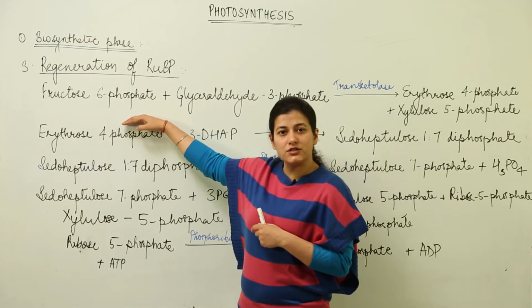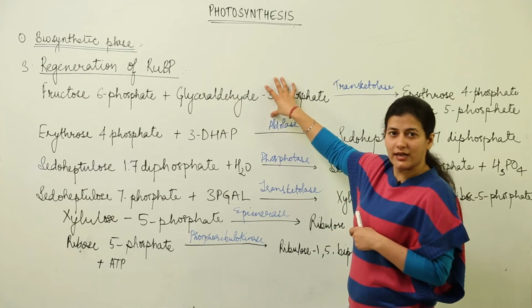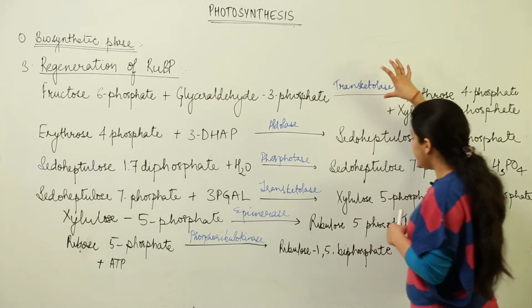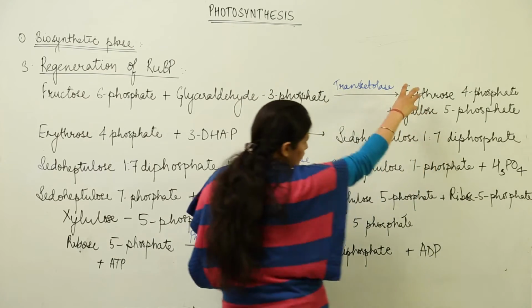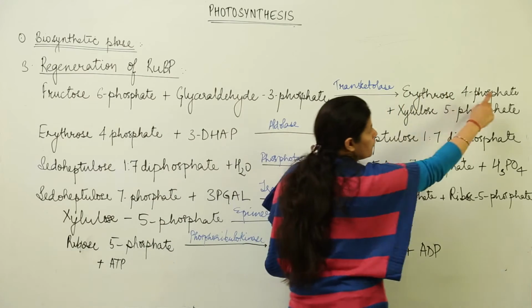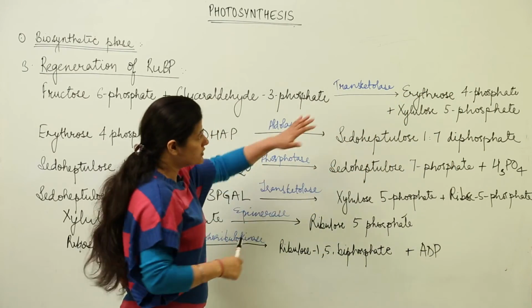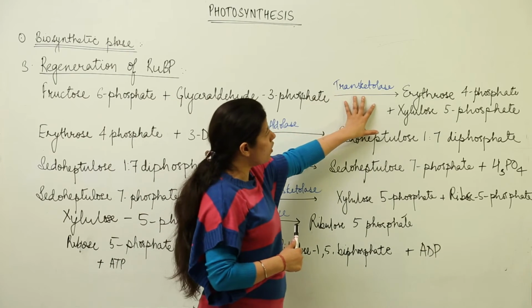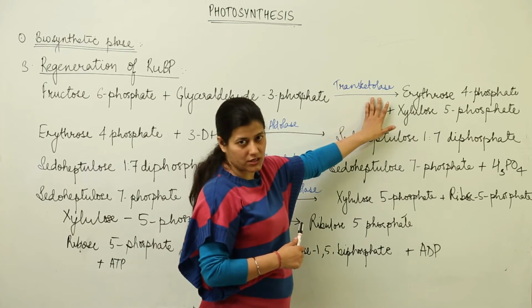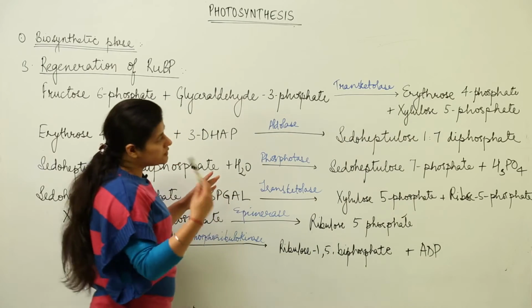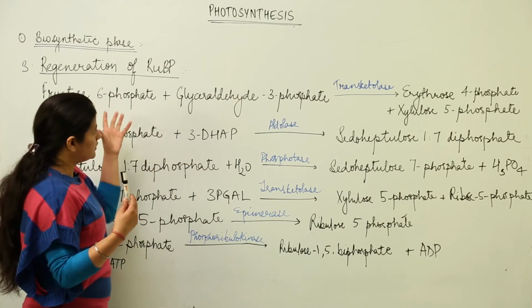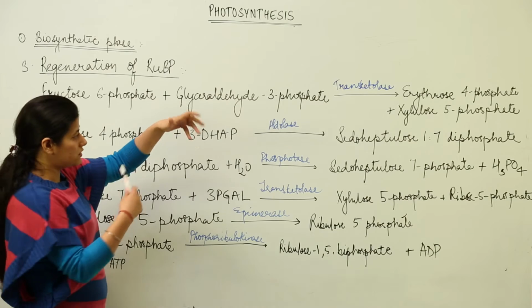This fructose 6-phosphate combines with glyceraldehyde 3-phosphate and leads to the formation of 2 compounds, erythrose 4-phosphate and xylulose 5-phosphate. These are the compounds that would be formed in the presence of the enzyme transketolase. Now, this is a little bit confusing. You would think, where have these compounds come from?